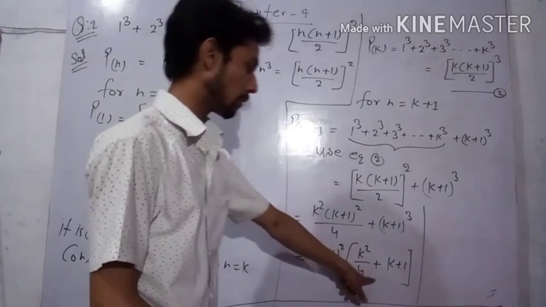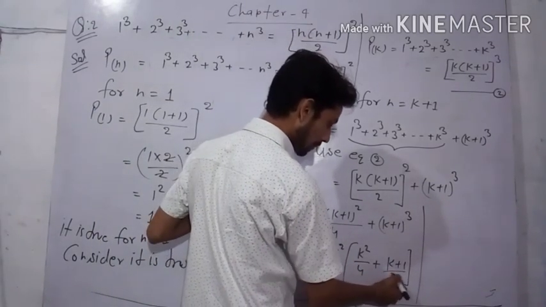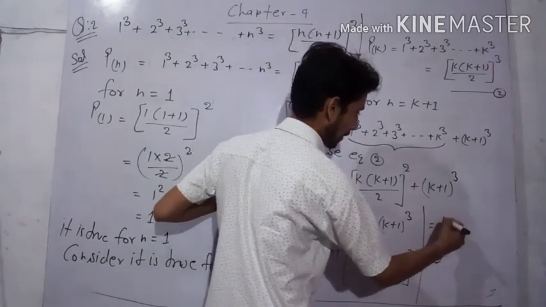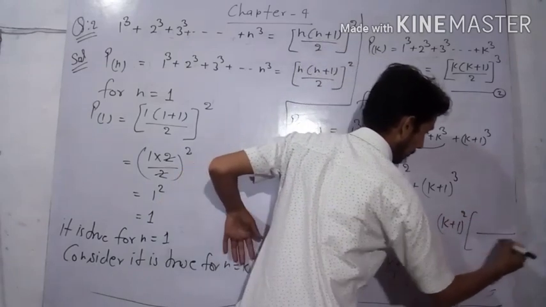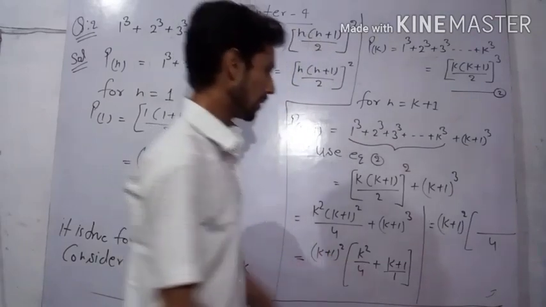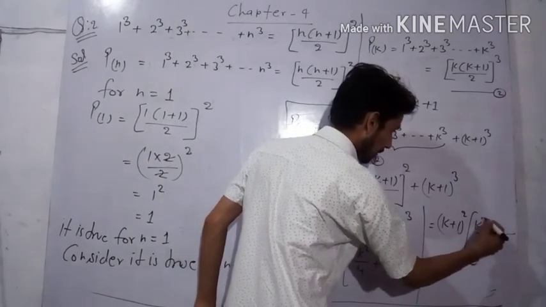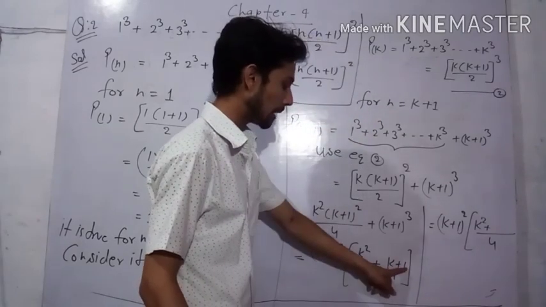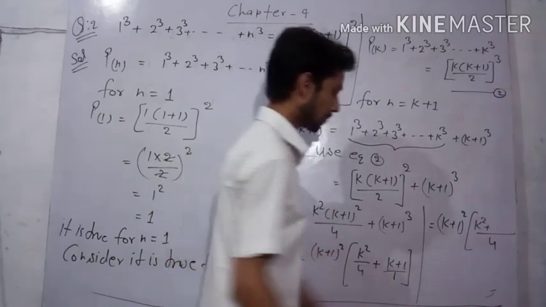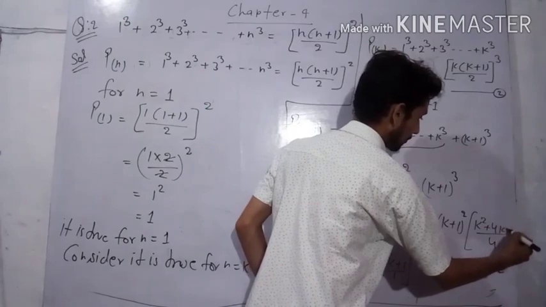Now take LCM here. 4 is LCM here. k plus 1 whole square, k square plus 4 multiplied by k plus 1, that is 4k plus 4.